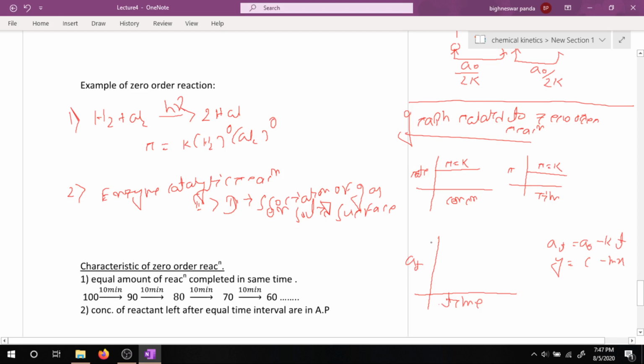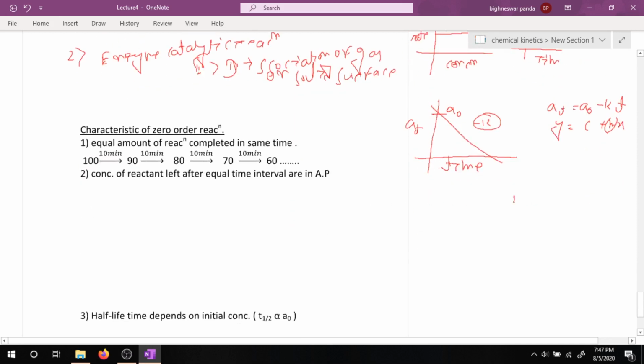So this is the equation of a straight line having intercept A naught and a negative slope.